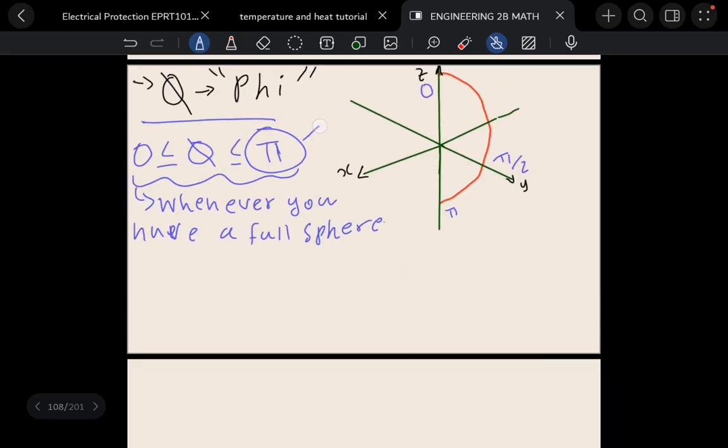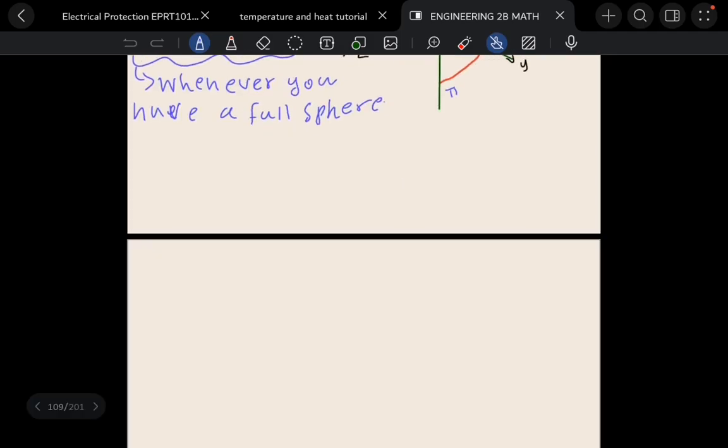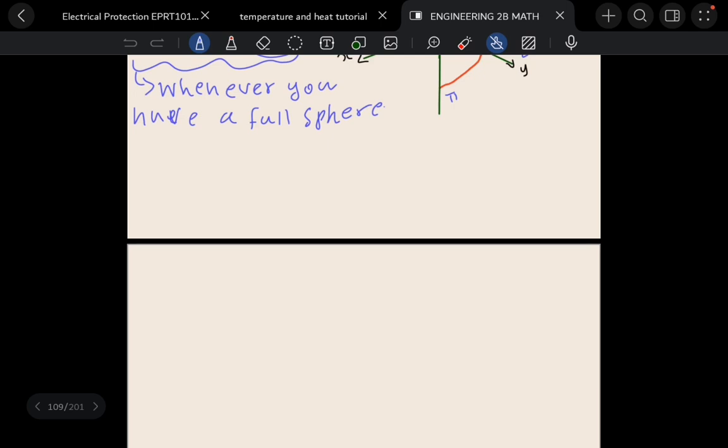These are the bounds that you're going to substitute into your integrals whenever you have what? A full sphere, right?